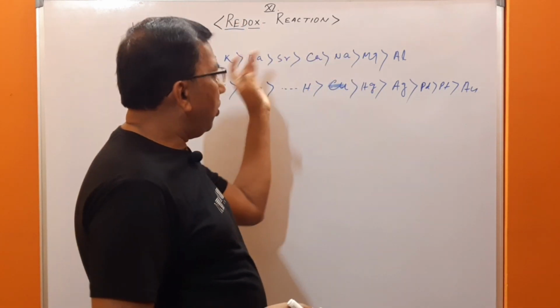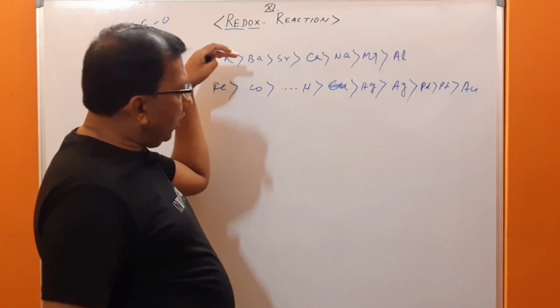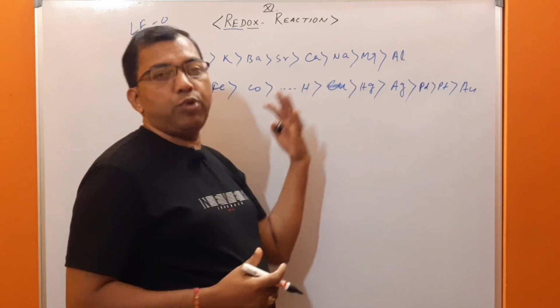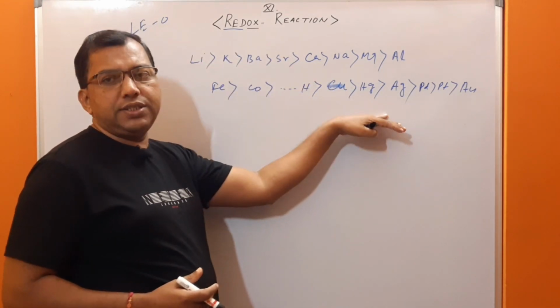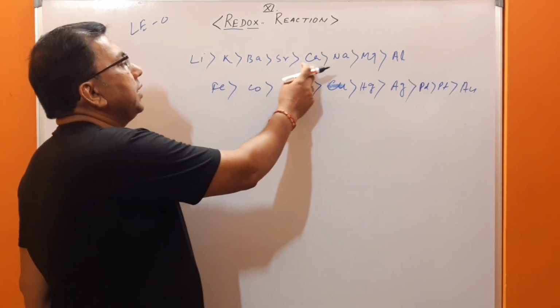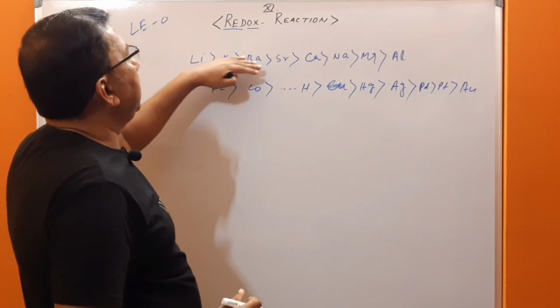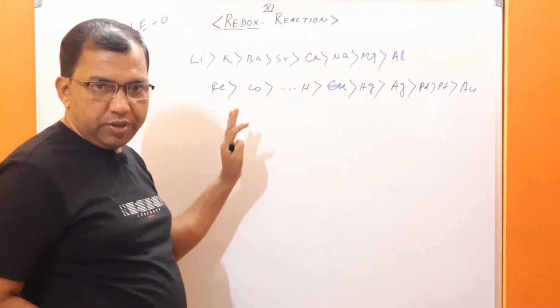When elements or ions are arranged in decreasing order of their electron losing property, or increasing order of their electron gaining property, this series is known as the electrochemical series. In the electrochemical series there are lithium, potassium, beryllium, strontium, calcium, sodium, etc. That means this is greater than this is greater than this. This is the electrochemical series.